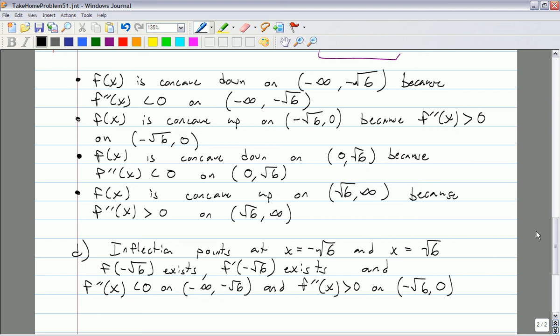So those last two things are really the statement that says concavity changed. The stuff right prior to that was just about being able to actually draw the tangent line on the graph.